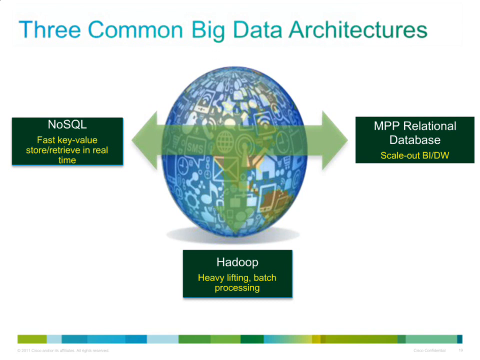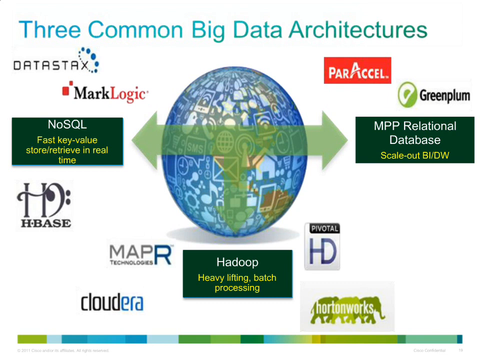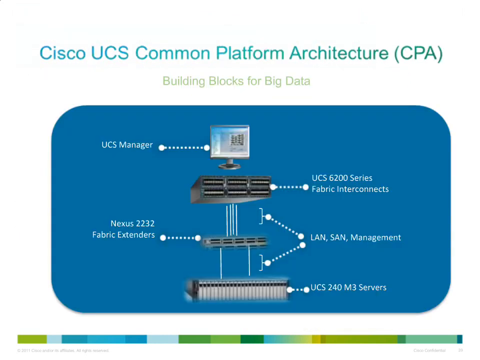And so we went out in each of these 3 categories and partnered with leaders in these spaces to develop a common architecture, what we call our common platform architecture for big data, to support these different use cases and categories. And we've developed, as a result, this CPA, this common platform architecture based on the Cisco Unified Computing System that I started the presentation with.